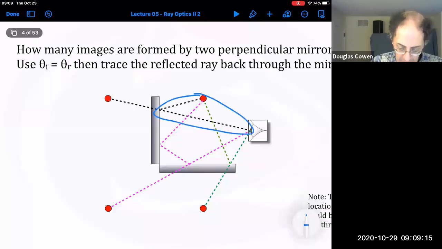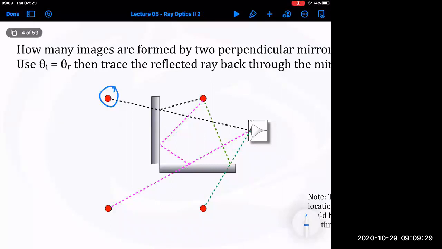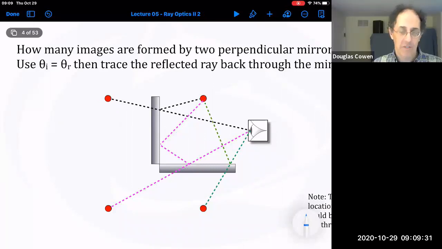Here's where the angle of incidence is equal to the angle of reflection, and what the eye then does is extrapolate the image as though it were coming from back here. The more complicated one is shown in magenta, because that has to undergo 2 bounces off the mirror. There's one here where the angles are identical, and one here where the angles are also identical. That particular image will look like it's back here.